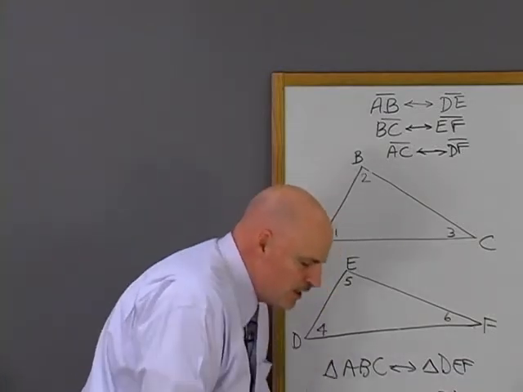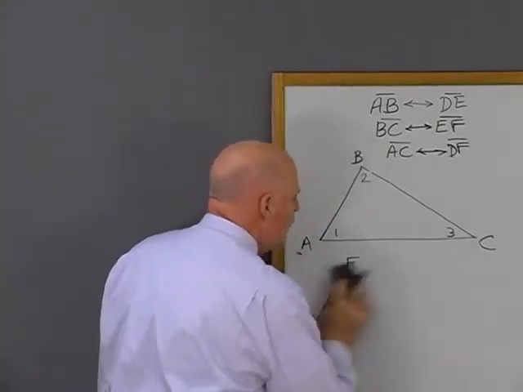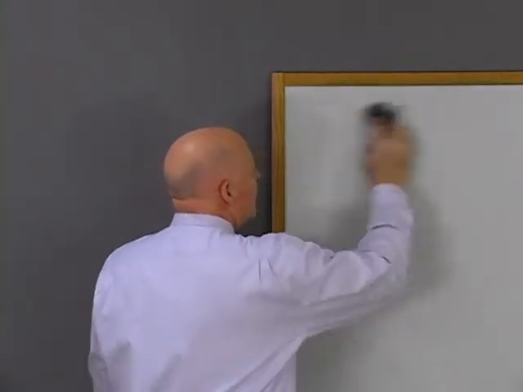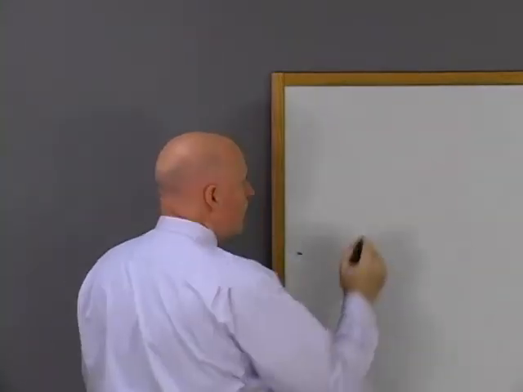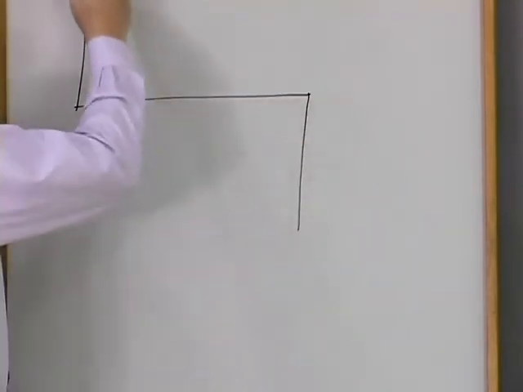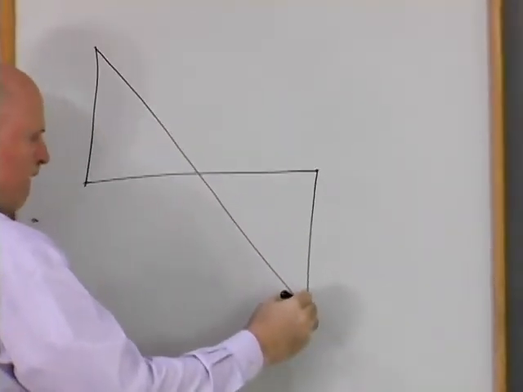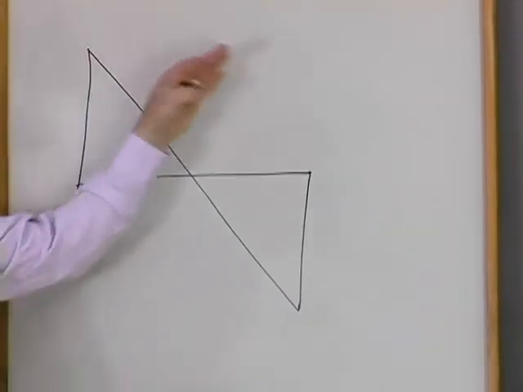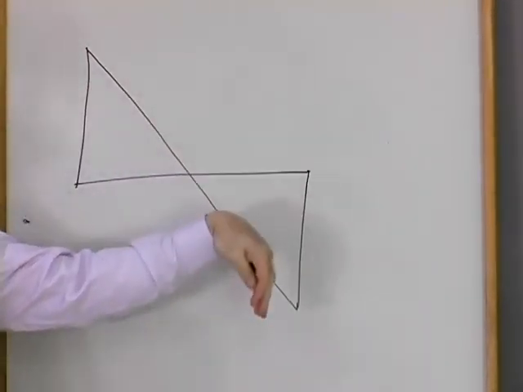Now let's do a little trickier one, though. Let's do one where the two triangles are congruent, but they're rotated around the axis.